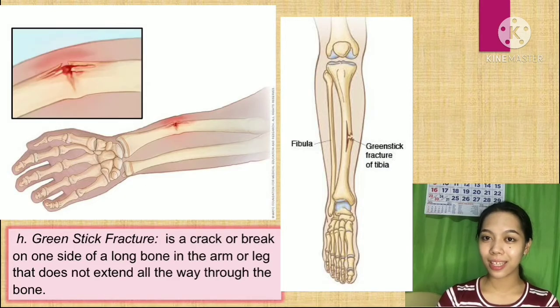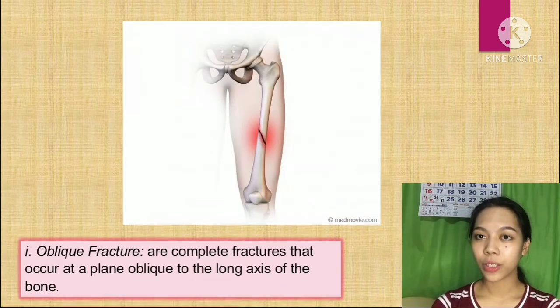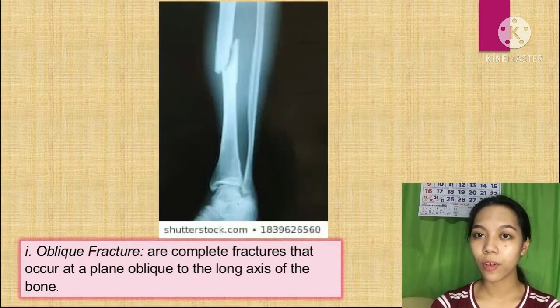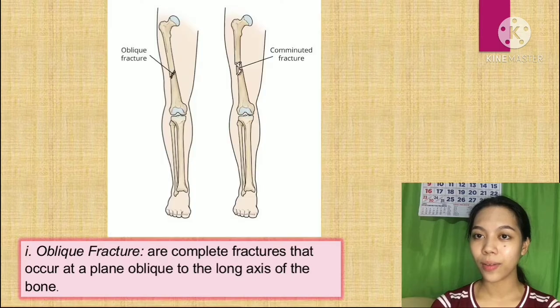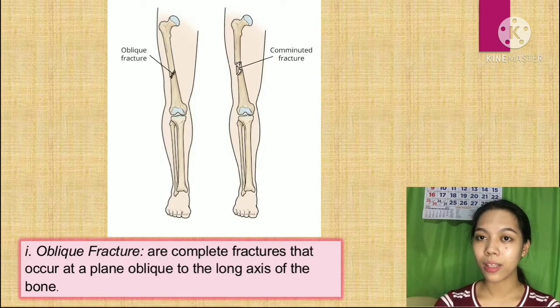In most cases, immobilization is done with a cast or splint. Oblique fractures are complete fractures that occur at a plane oblique to the long axis of the bone. Screws and cerclages may be used to immobilize the fracture.